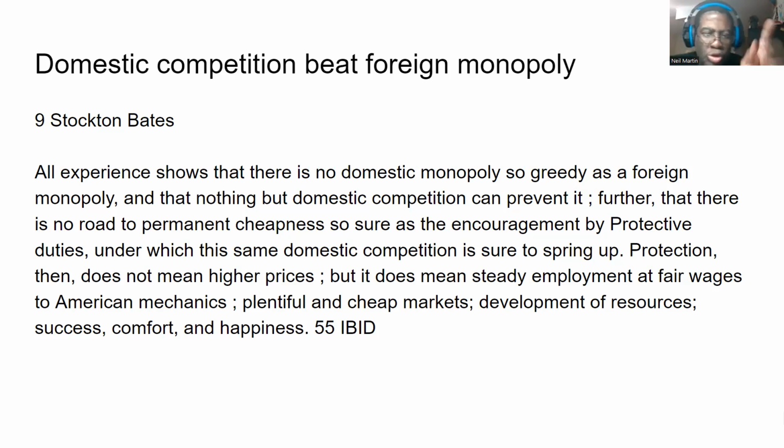Stockton Bates is also saying that domestic competition can beat foreign monopoly. These free traders talking about, yes, we need foreign competition to bring down the prices of goods. What about domestic competition? Oh, we don't want domestic competition. That's a monopoly. Ask the question. You want the United States of America to be in a special relationship with England, right? What has that cost us?